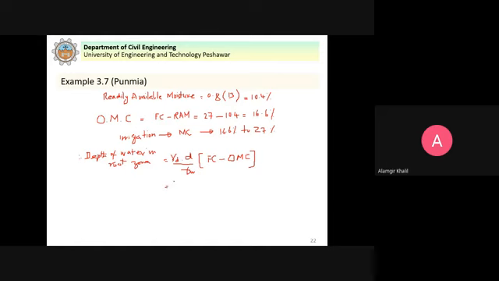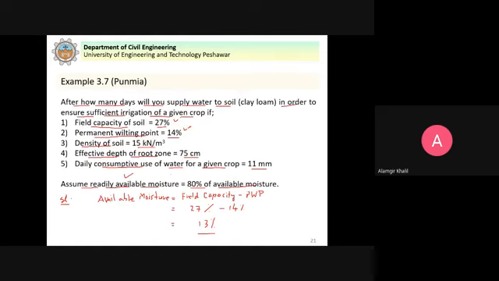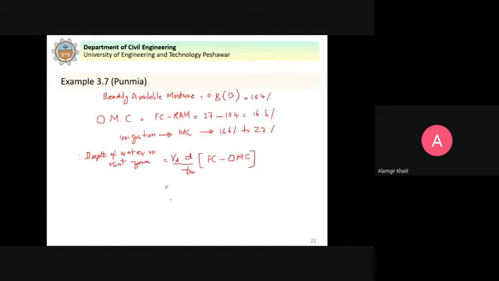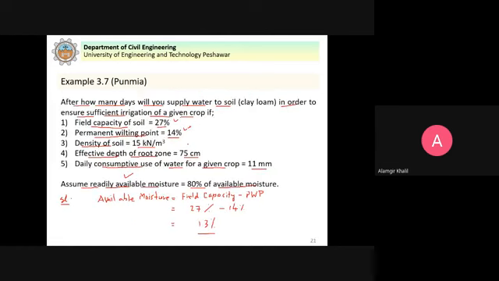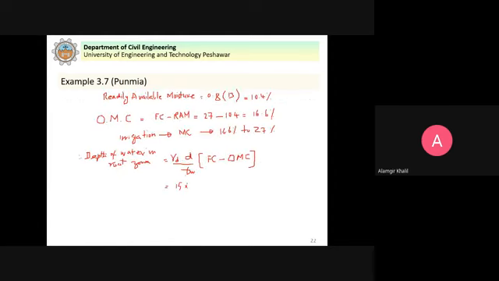This will be equal to, what is gamma d here, 15 kilonewton per cubic meter. So we have 15 here. What is d here, 75 centimeter. So divide by 100 to keep the units consistent, so we have 0.75.